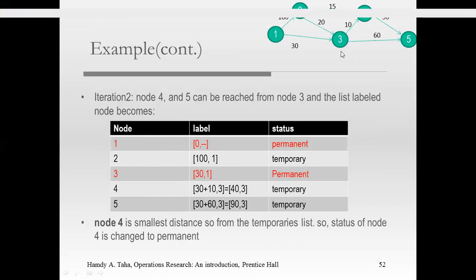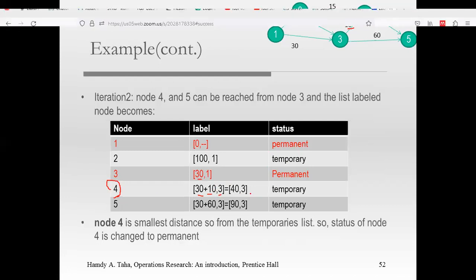From 3 we can go to 4 and 5. That's why here, node 4, you can see from here, from 3 already permanent 30. That's why 30 plus 3 to 4 is 10. 3 to 4 is 10, this one, comma 3 means to node 4 from 3.